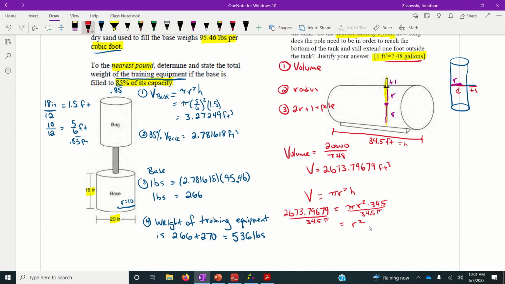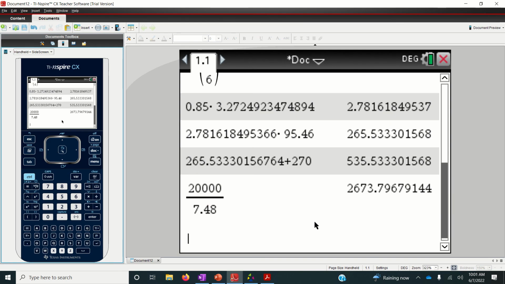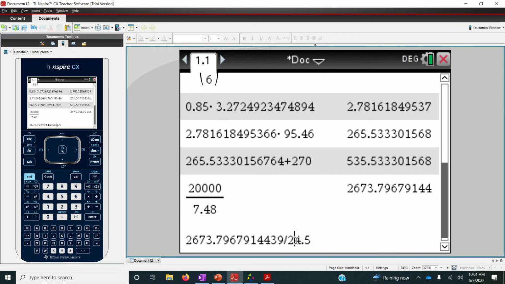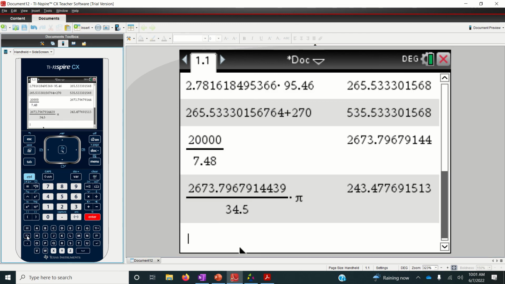All right, now options. We don't want to take this number and divide it by 34.5 and then put a pi on there, because the calculator thinks you're just dividing by the 34.5 and leaving the pi being multiplied, not divided.